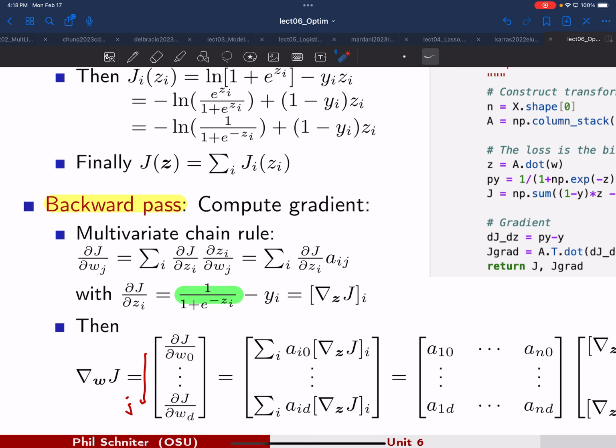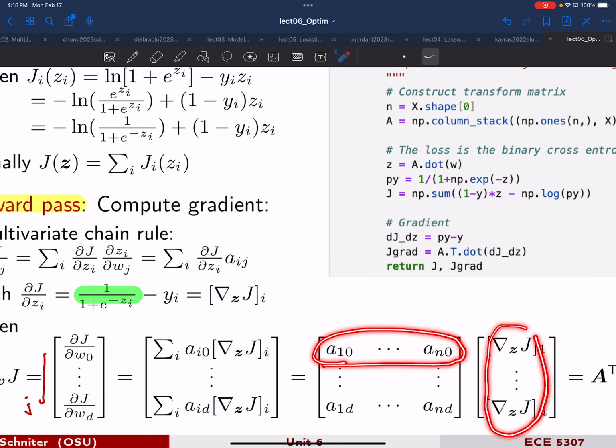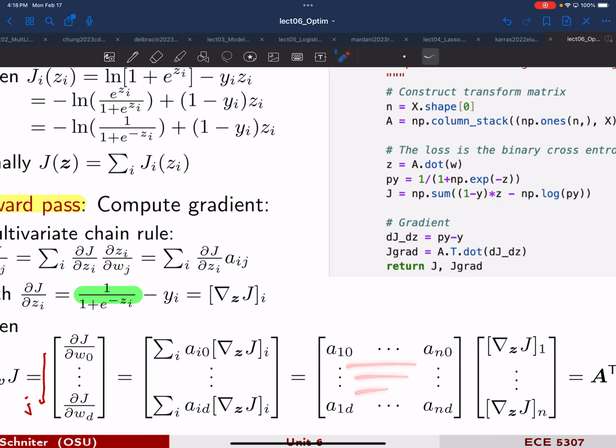Now you can see that you can think of each one of these as an inner product between some a terms and the elements of this gradient vector. So here, for example, in the first row, we have those a terms, and here's the gradient vector. That inner product gives us this scalar. Then we can do something similar for all the other rows; the final row would be this inner product, which gives us this scalar. When you look at it this way, we've actually built a matrix out of our a coefficients.